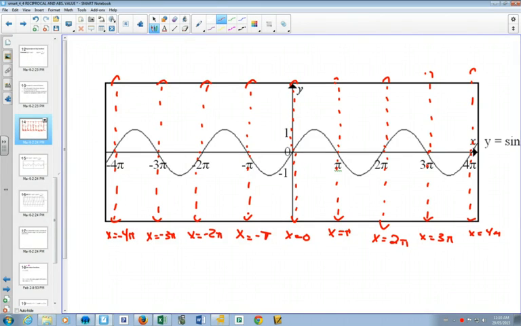So there's our vertical asymptotes. And you can imagine if you kept on going, there would be an infinite amount of them.